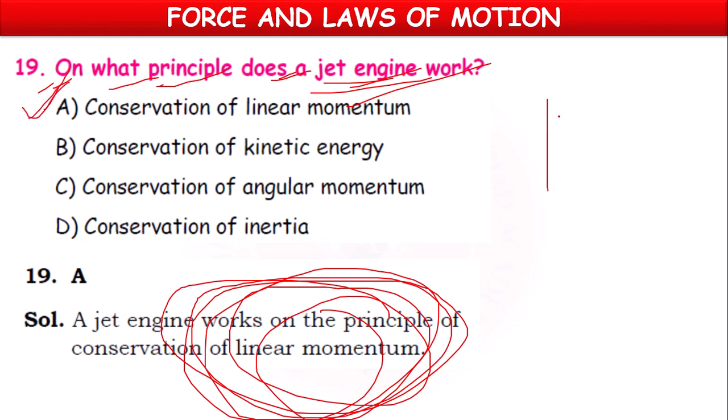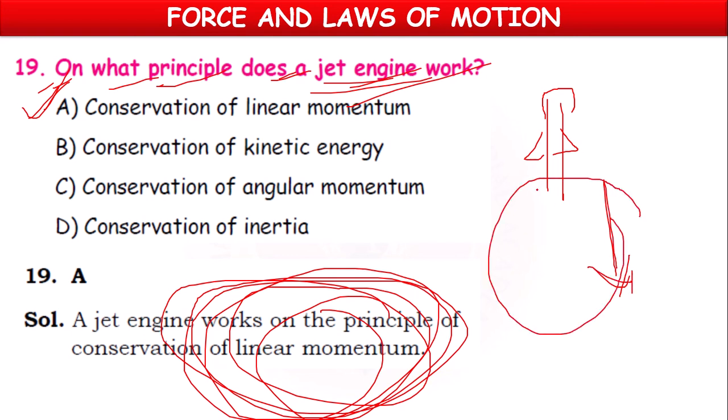So the jet plane will go up and the smoke will come down. So here total momentum before the starting of jet plane and after the starting of jet plane will be equal. And it also works on Newton's third law of motion. So answer option A is correct.